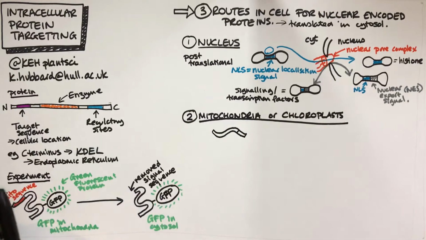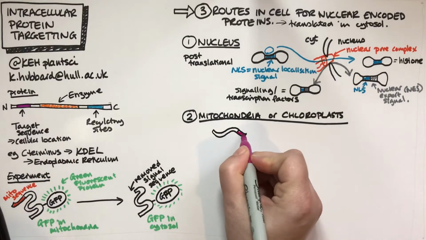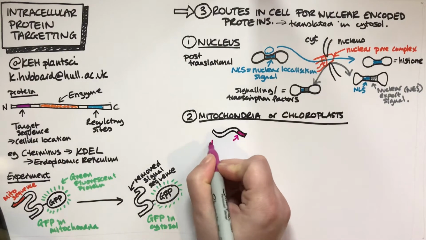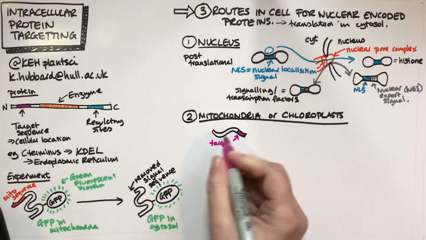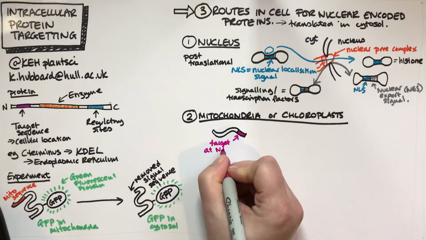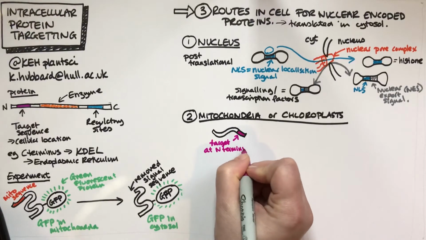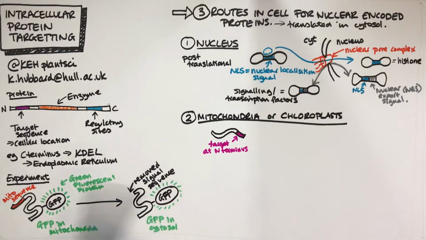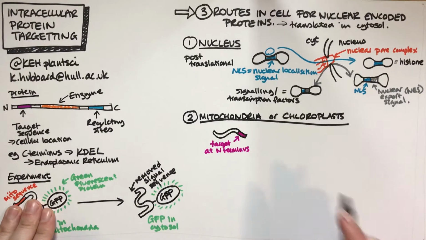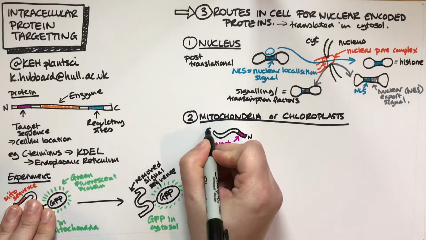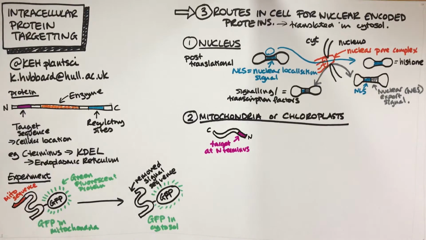A mitochondrial targeted protein always has its target sequence at the N terminus, which is the start of the protein. For the nucleus one, it didn't matter where it was in the protein. For this one, it's always at the start. There's a particular sequence at the beginning that says, I am a mitochondrial protein.